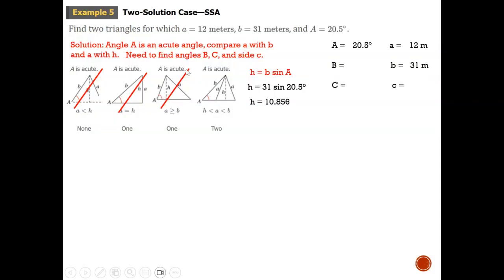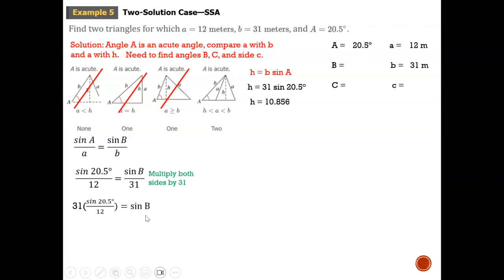So for two triangles, we need to find angle B, angle C, and little c. So let's start, right, because they give us a pair, angle A and side A, so we're going to use that one, but we're looking for angle B, so we're going to use the reciprocal of the original formula. So I'm going to plug everything in. Sine of 20.5 degrees over 12 equals sine of B over 31. Multiply both sides by 31.